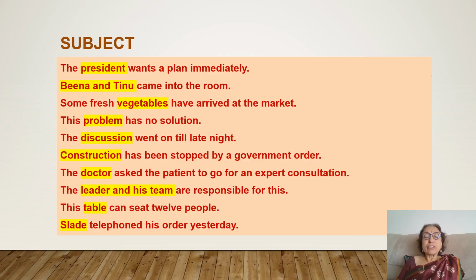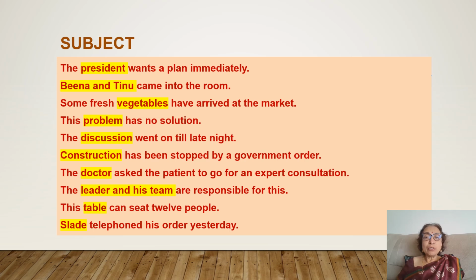Now if we are talking about the subject, in the next sentence we have two nouns. Bina and Tinu came into the room. Now we have Bina here, we have Tinu here. It is both of them together who are the subject of the verb came. Who came?